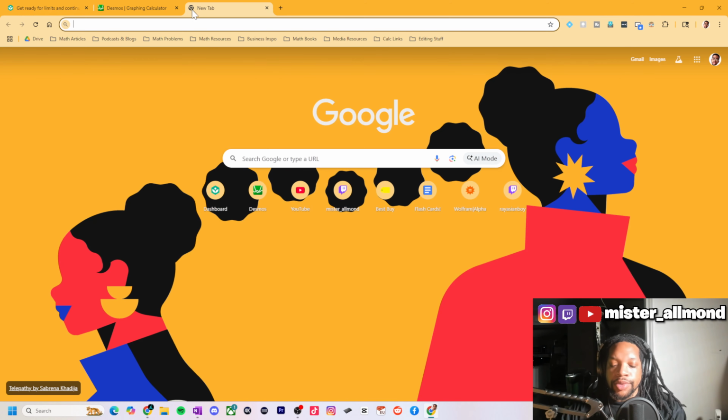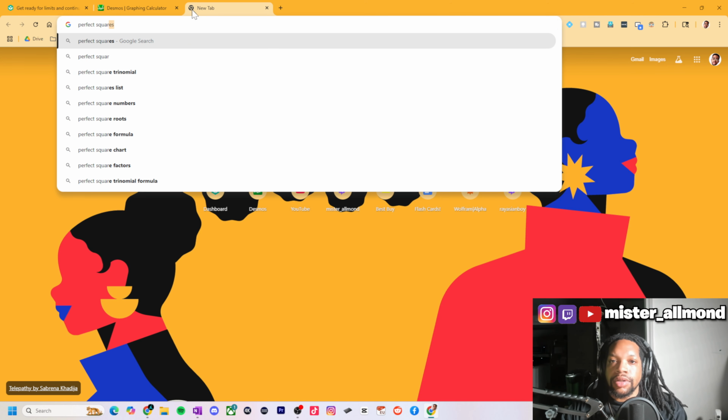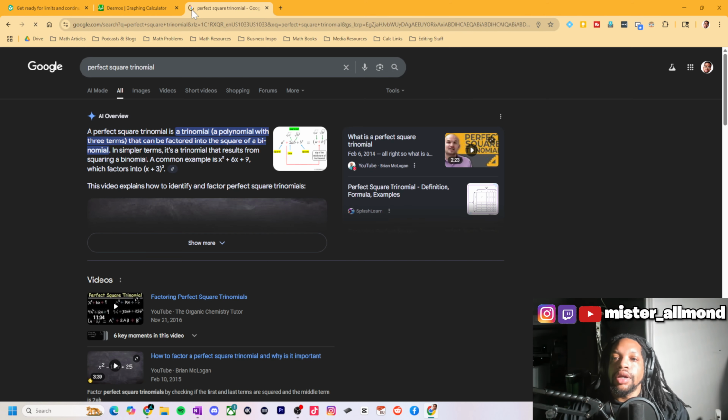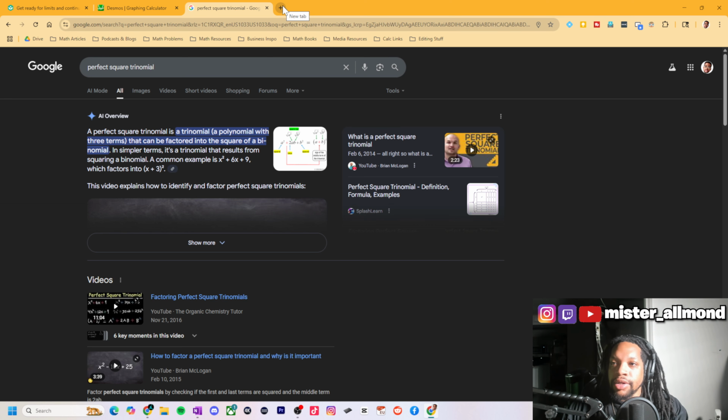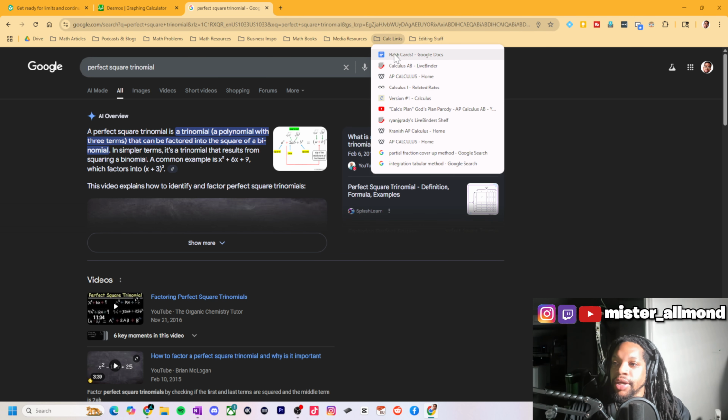Perfect square trinomial. I have a calculus flashcard document I low key want to change. Ooh, you know what? I'm gonna do this. I'm gonna call it an audible, and I'm gonna make a flashcards document for something other than calc. So here's what I'm gonna do.